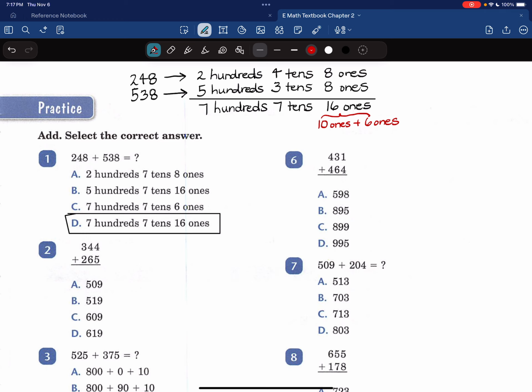And then this 10, let's first of all get rid of this. That 10 would become a rod. So we're going to move that over here in the tens column. And then we would be left with 7 hundreds, 8 tens, and 6 ones. But they did not go that far. They want us to stop at this step where I had it right there.